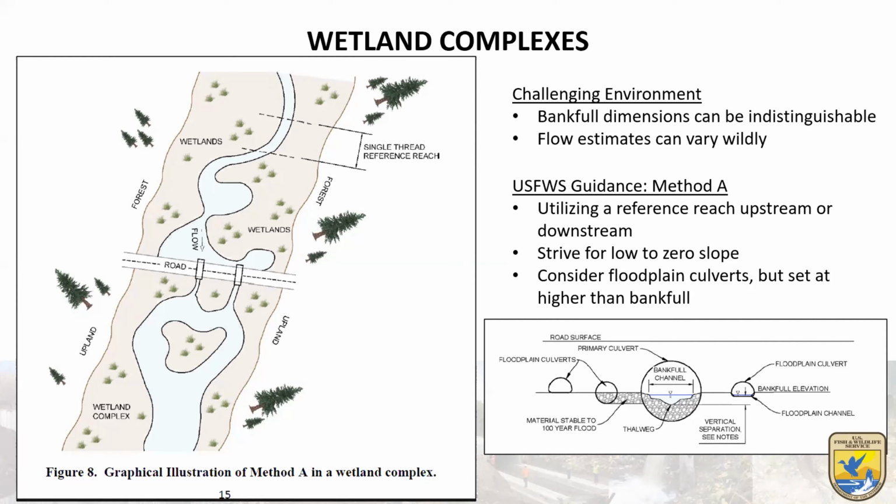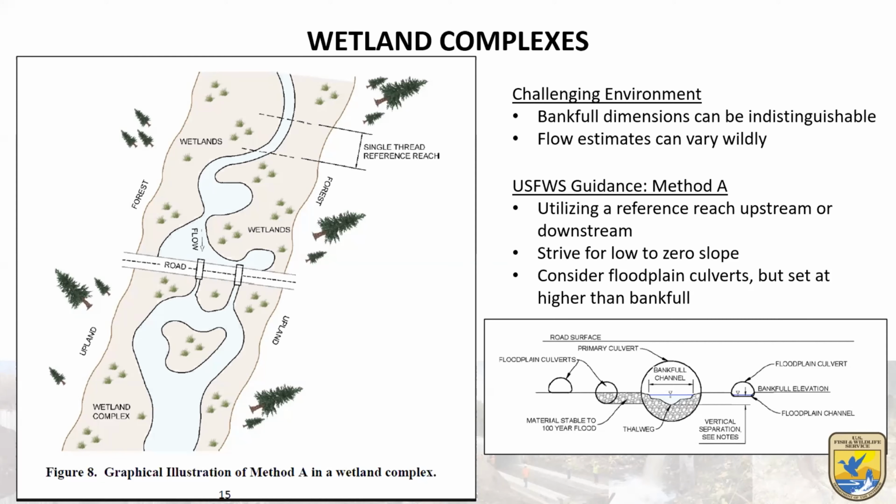Their flows can vary. Their bankful dimensions vary quite dramatically. I've got some good pictures of that. And when you think of using USGS equations or even gauge data from other watersheds, or even in some ways regional curves, something to think about is that usually these gauges and analysis are done on alluvial systems, not wetland systems, not systems that are only spring fed.